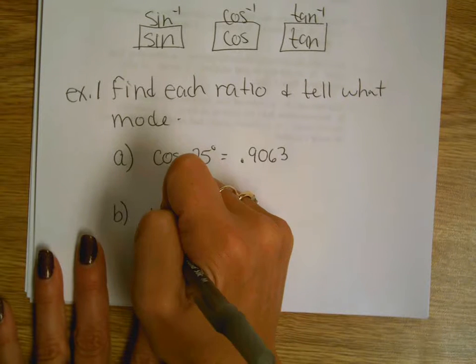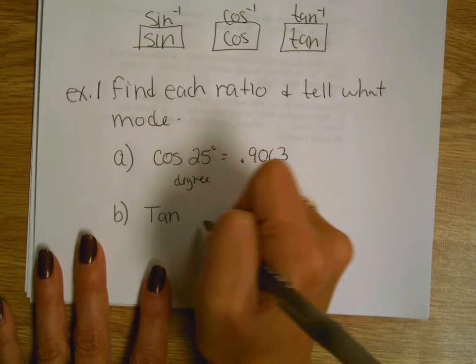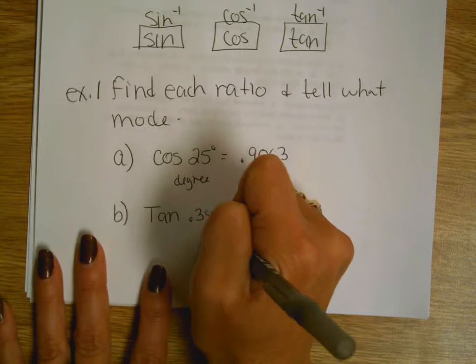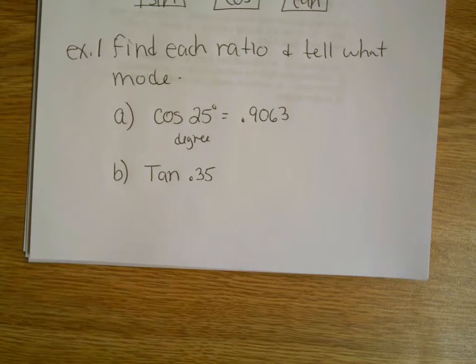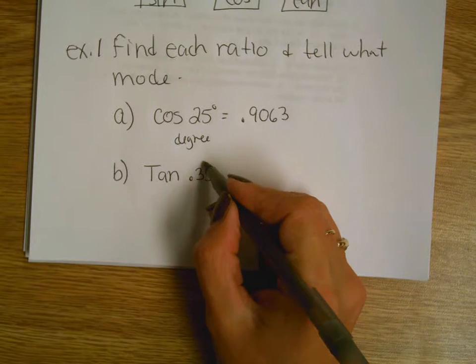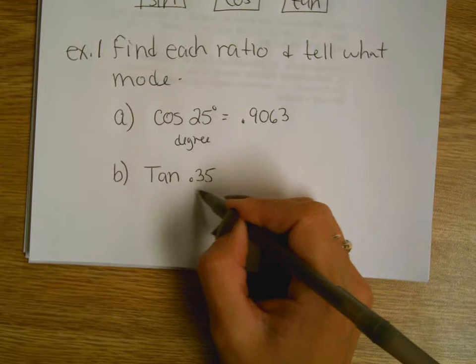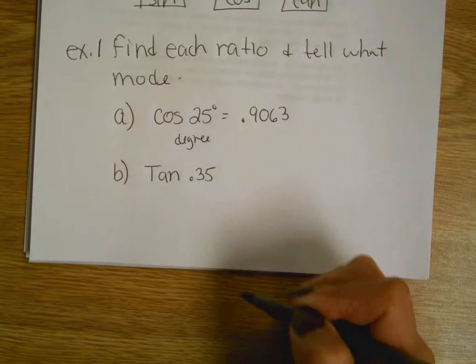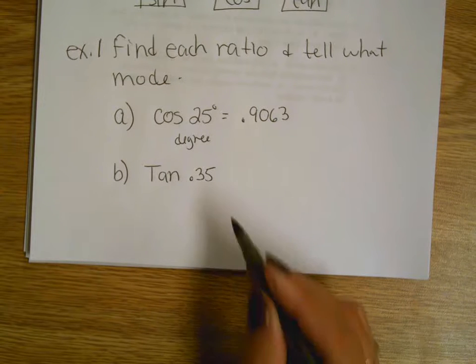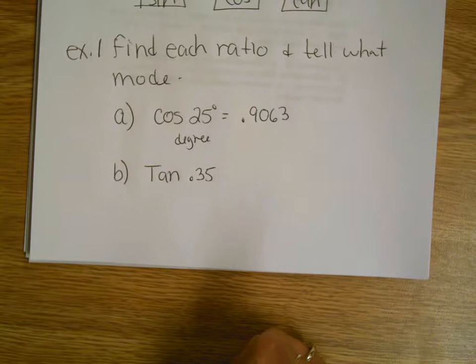How about the tangent of 0.35? What mode are you going to be in here? What form is this angle in? If it was a degree, I'd put the degree mark there. So it's a radian.